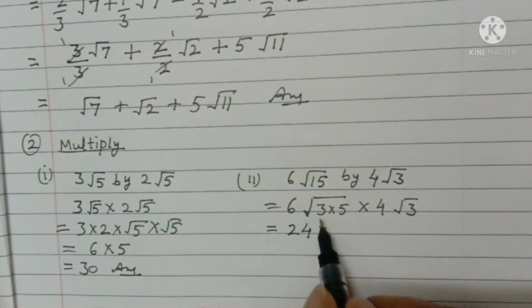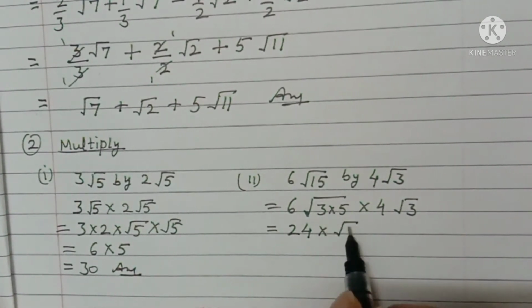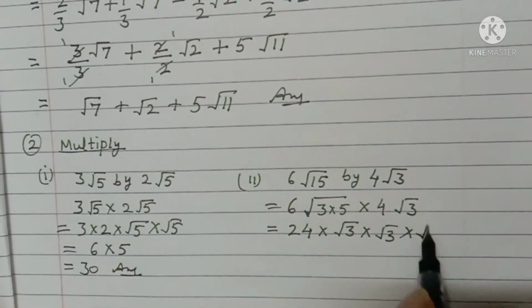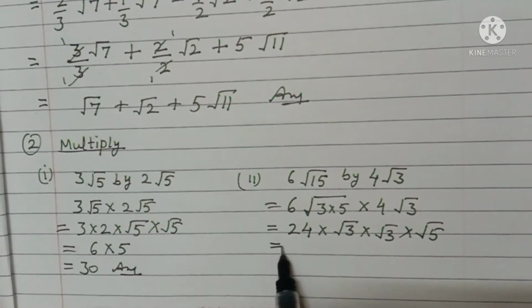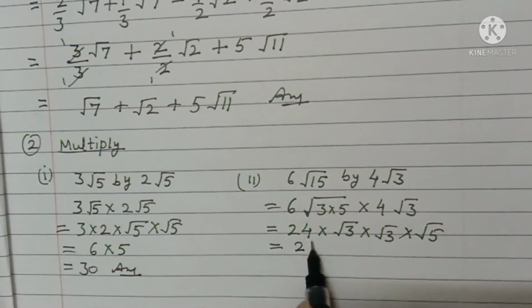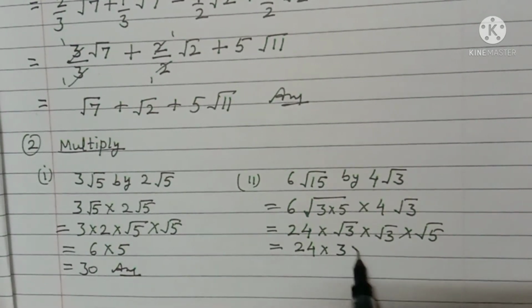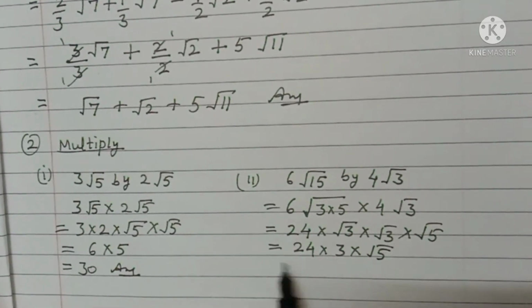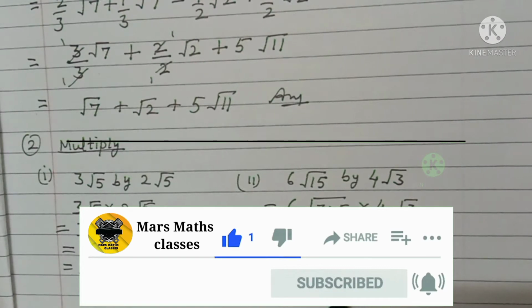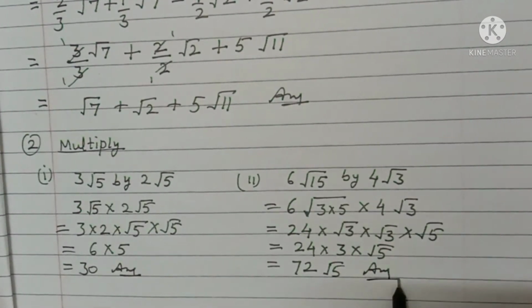Here root 3 and root 3, root 3 into root 3 into root 5. So this becomes root 3 and root 3 in pair, you will take only 3 under root 5. 24 3s: 3 4s are 12, 3 2s are 6 and 1 is 7. 72 root 5, answer.